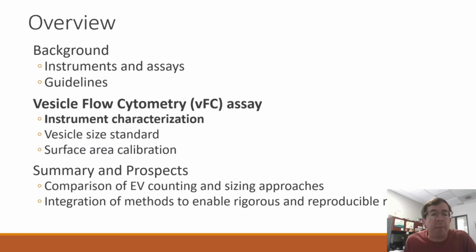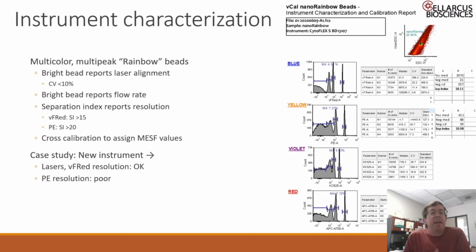So first, let's just say a couple words about instrument characterization, because all of assay performance will depend on a properly characterized and optimized instrument. And here, as for conventional flow cytometry, multicolor, multi-peak rainbow type beads are very useful. Your commonly available 8-peak rainbow beads will work.